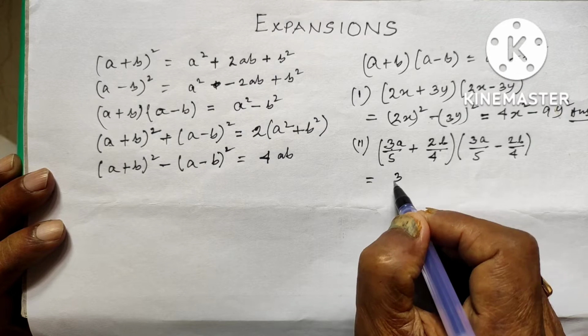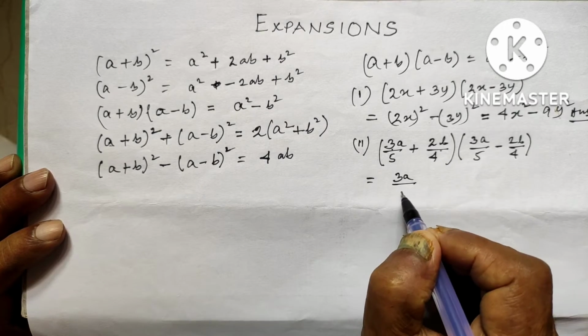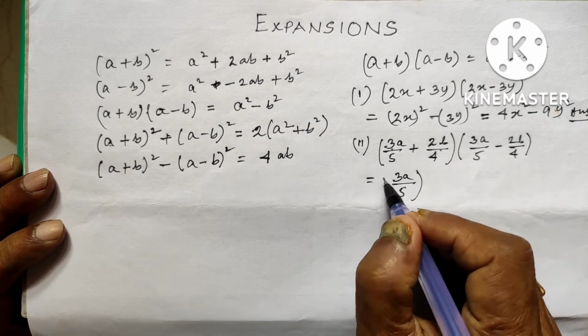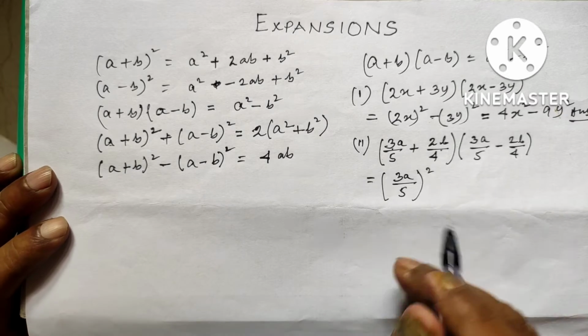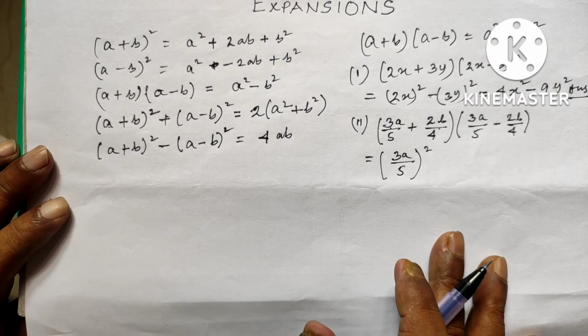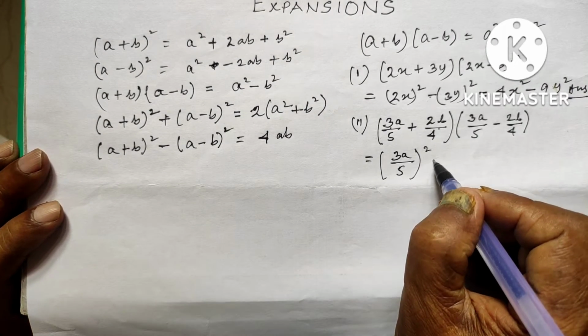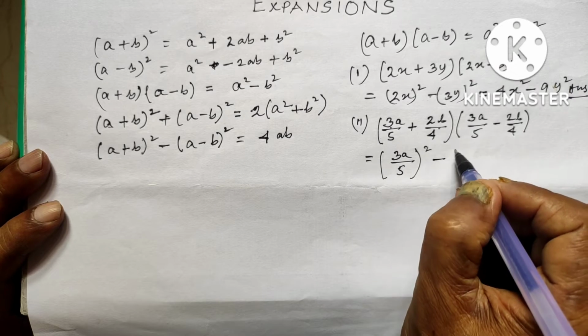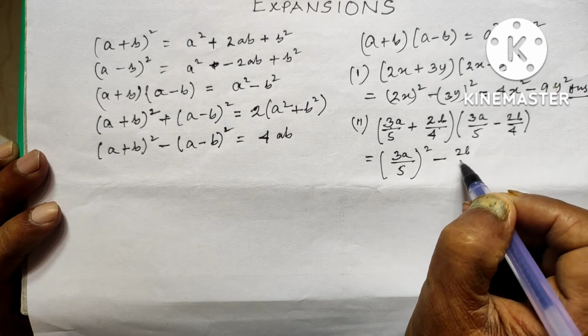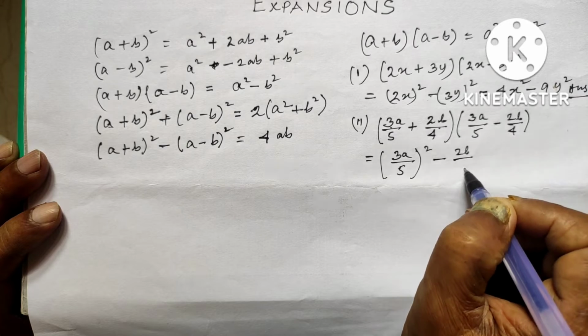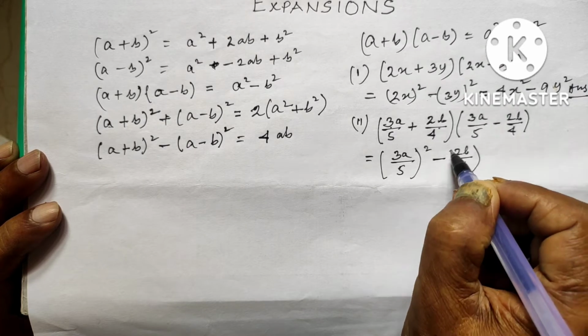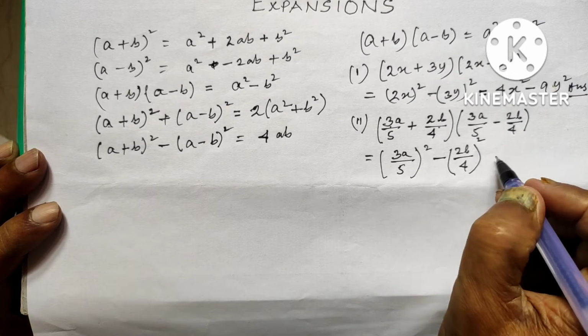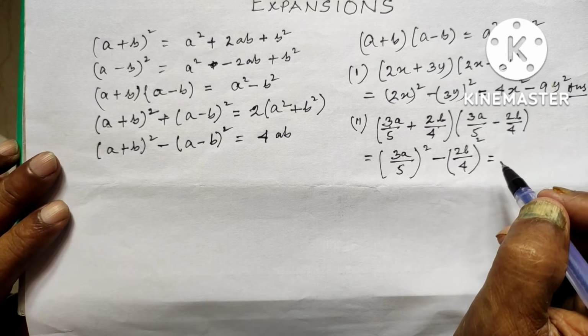We will just do (3a by 5) whole square minus, this is the second term, (2b by 4) whole square. And when you work it out, what are you going to get?